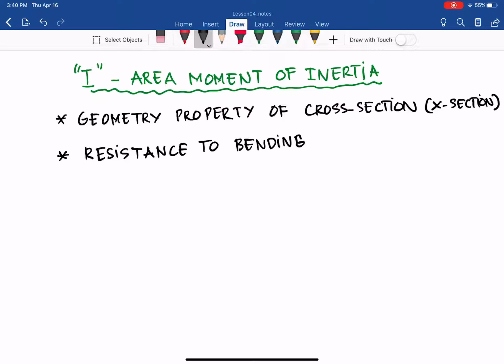For example, let's say the cross section is a rectangle cross section.